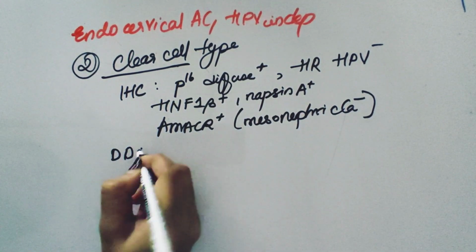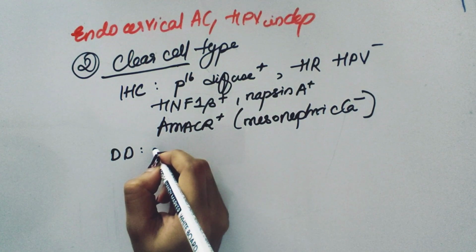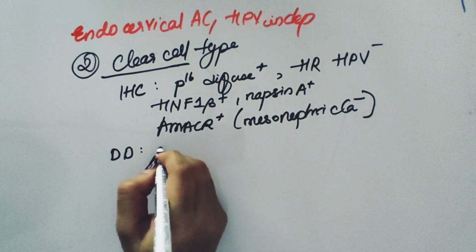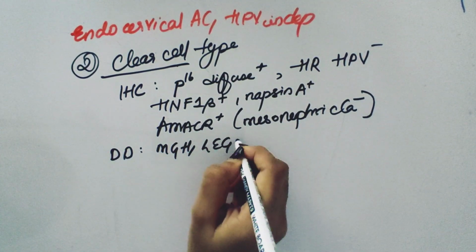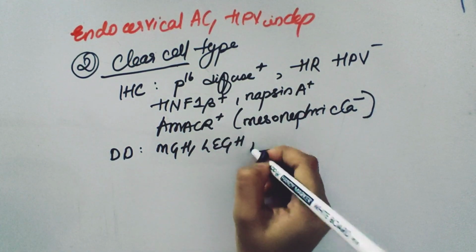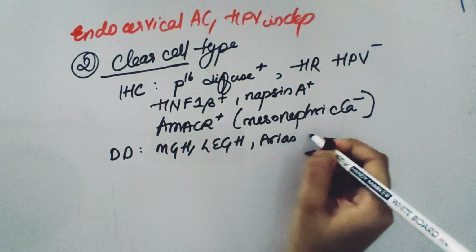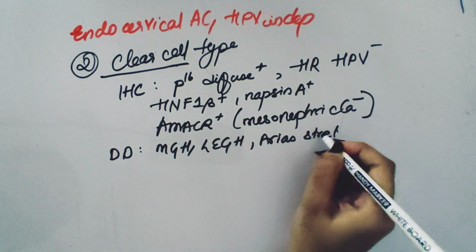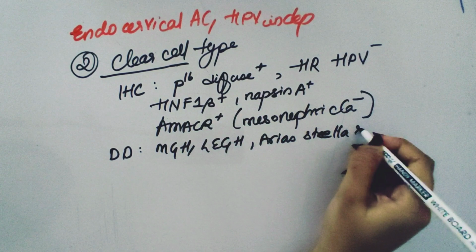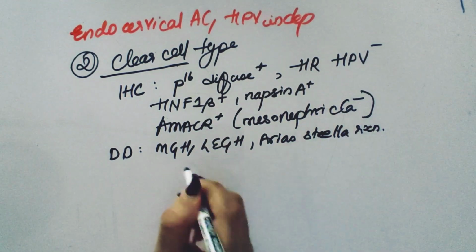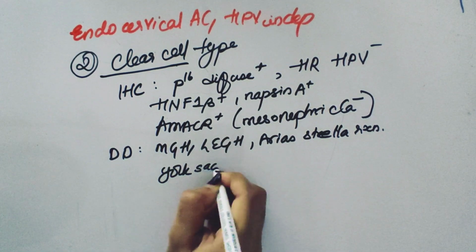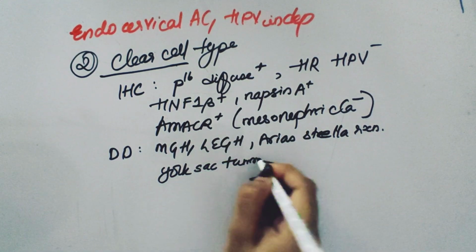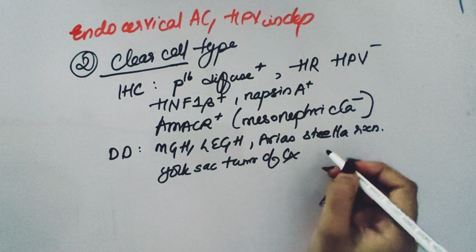And DDs of clear cell carcinomas are benign glandular lesions, that I said, microglandular hyperplasia, endocervical glandular hyperplasia, then Arias-Stella reaction, and then in young children you can get a yolk sac tumor of cervix.